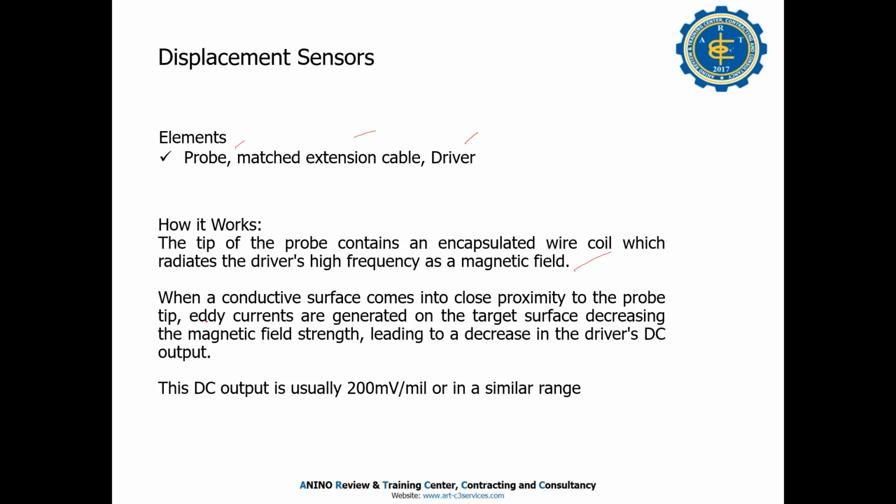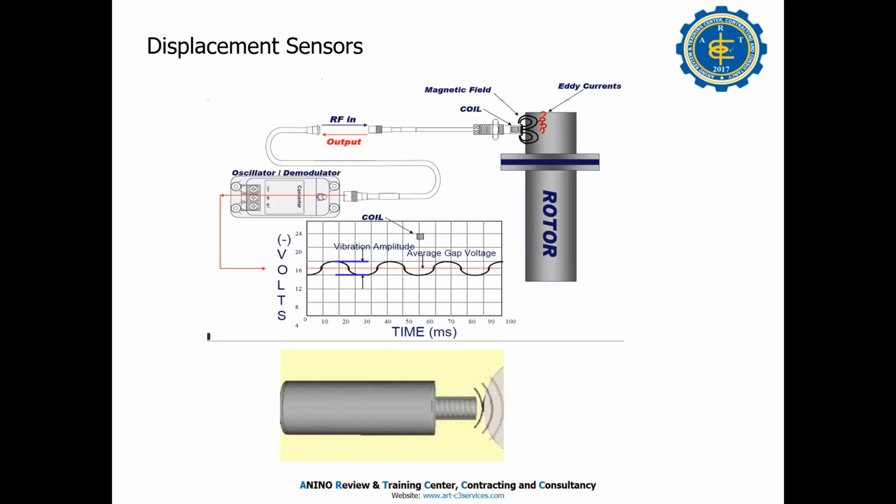When a conductive surface comes in close proximity to the probe tip, eddy currents are generated on the target surface, decreasing the magnetic field strength, leading to a decrease in the driver's DC output. The DC output is usually 200 millivolts per mil or in a similar range.